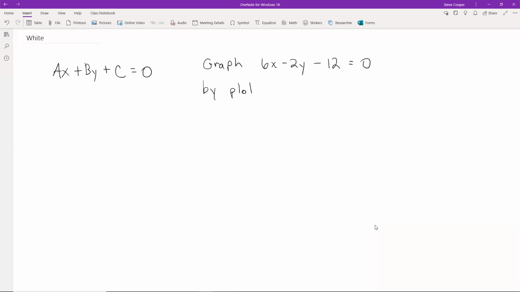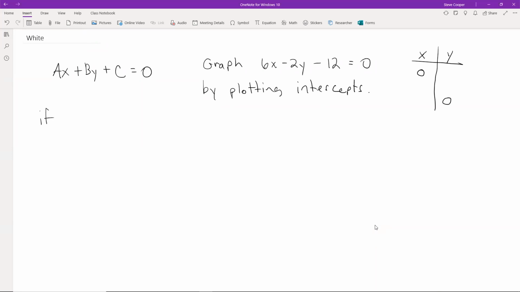We're going to do this by plotting intercepts. Okay, so all I have to do is create a small table. And in one case, I'm going to lock x at 0. And in the other case, I'm going to lock y at 0.